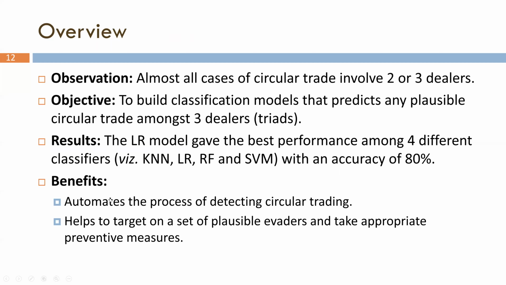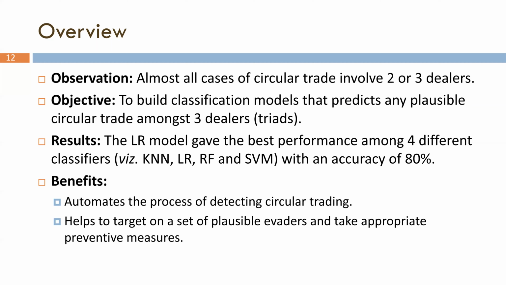The benefit of this work is that we were able to automate the process of detecting circular trading, and if we have a plausible list of evaders, it helps the tax department to take preventive measures against the scam. Because if the dealer gets a notice that they are on the radar for future circular trade, there is less chance for them to go on with that scam.